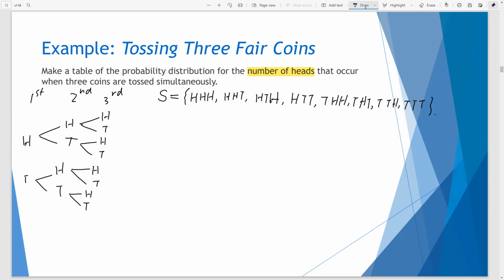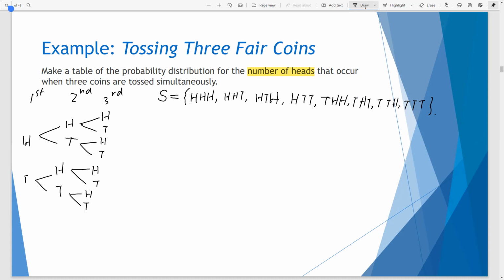There are totally 8 possible cases, and totally 3 heads, 2 heads, 1 head, or 0 heads are possible.